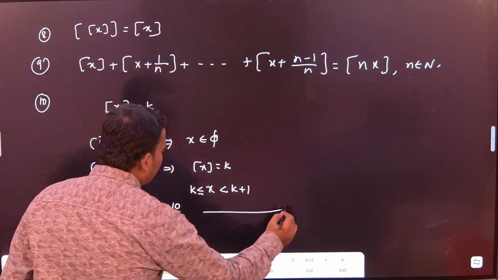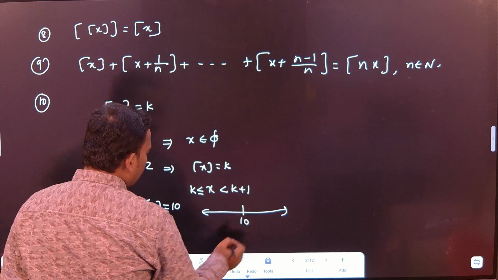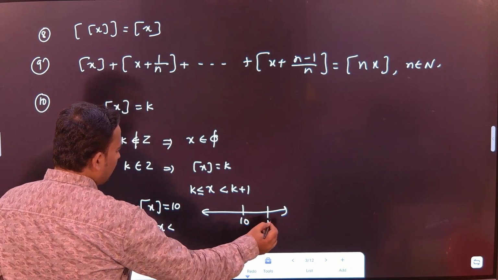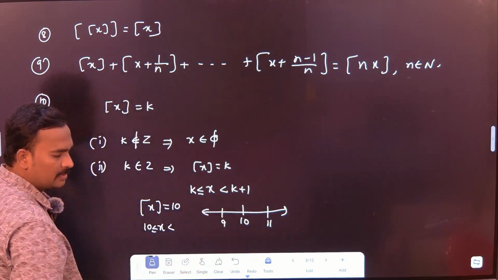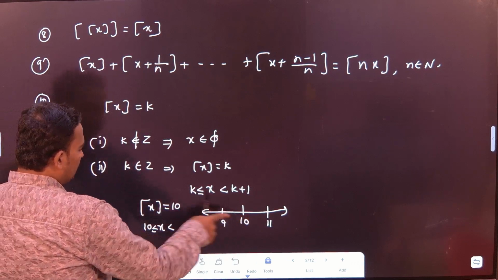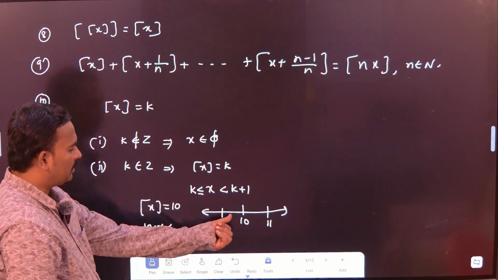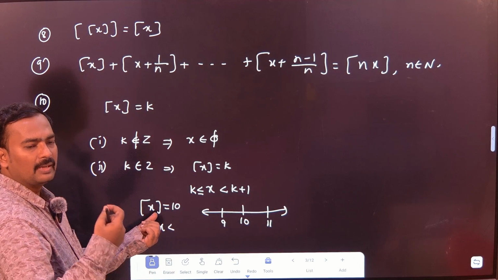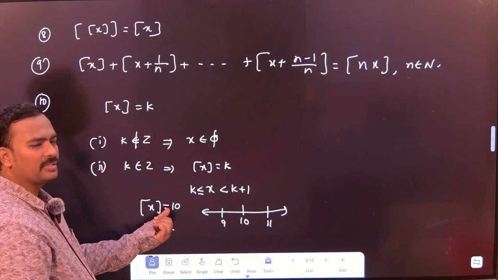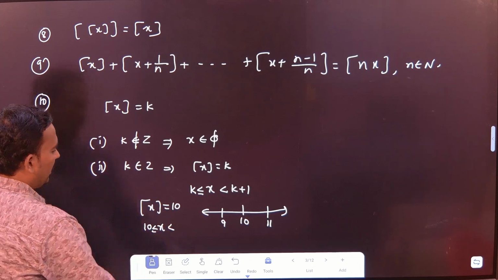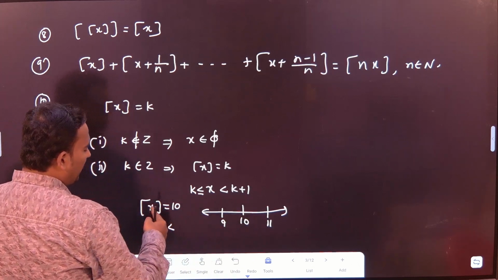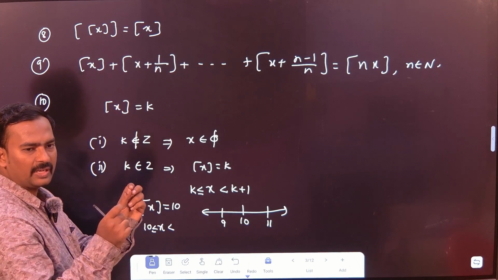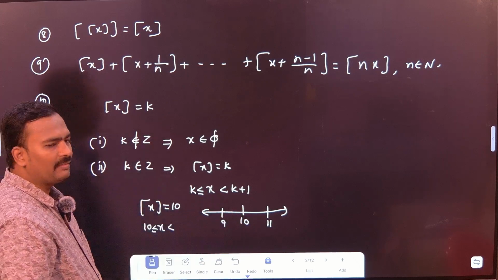You can draw the number line: this is 10, here 11, here 9. If you take less than 10, say 9.5, the greatest integer function of 9.5 is 9, and 9 is not equal to 10. It's not possible. Let's take 10: the greatest integer function of 10 is 10. So you can take from 10 onward.